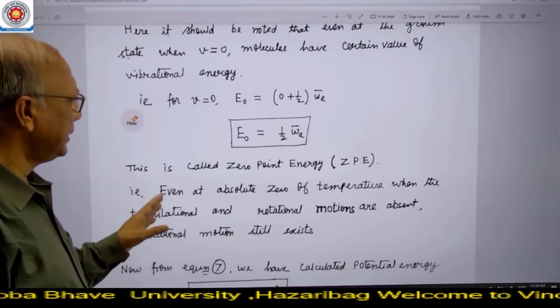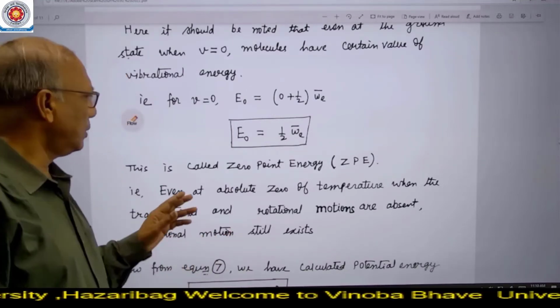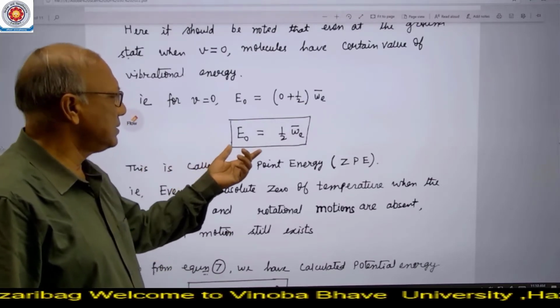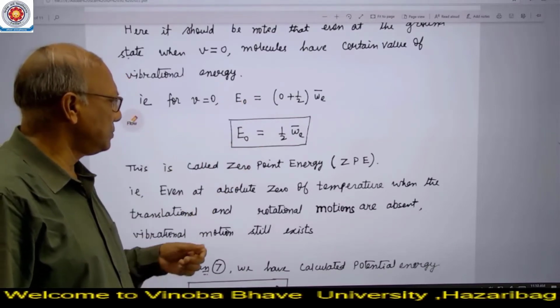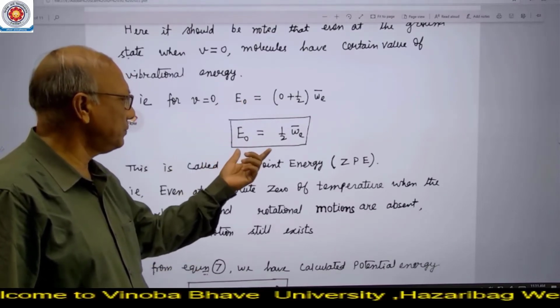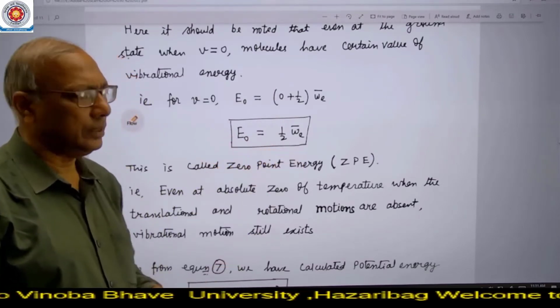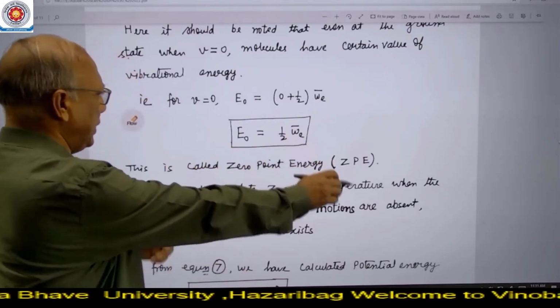That is, in the vibrational state, the energy is not equal to 0. When we put V equal to 0, it has a certain value of energy, and that value is half omega e bar, and this value is called zero point energy.